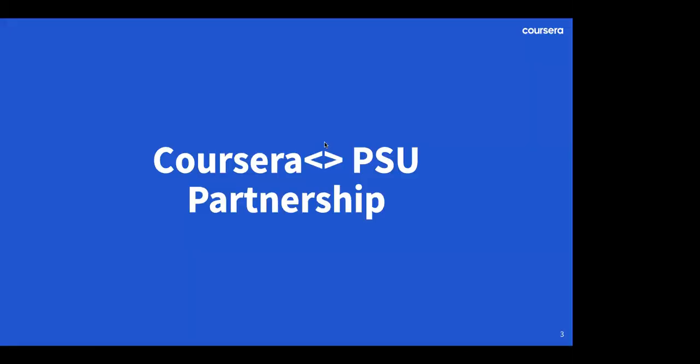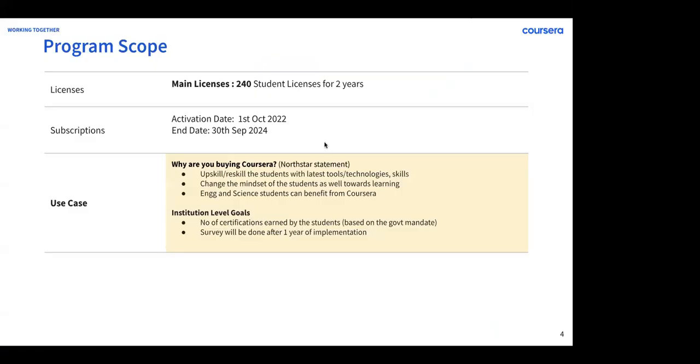Now, I think this has already been mentioned, but just for the understanding of all of the faculty members, PSU has entered into a partnership with Coursera, where PSU has procured 240 student licenses for a period of 2 years. And 240 licenses basically mean 240 seats, which means that 240 users of PSU can be given access to the platform.